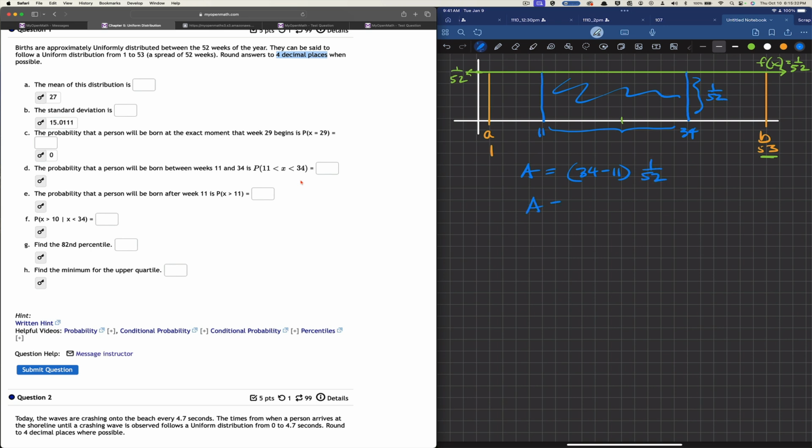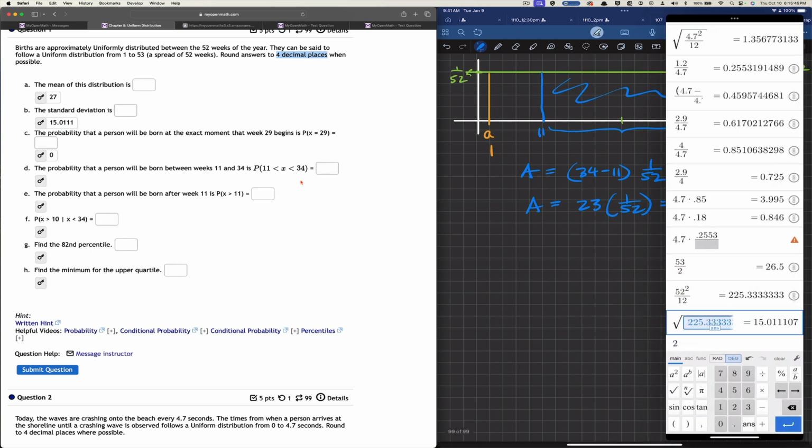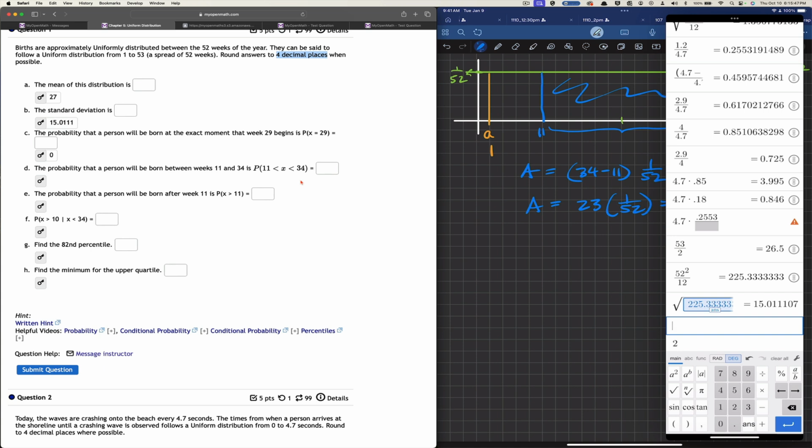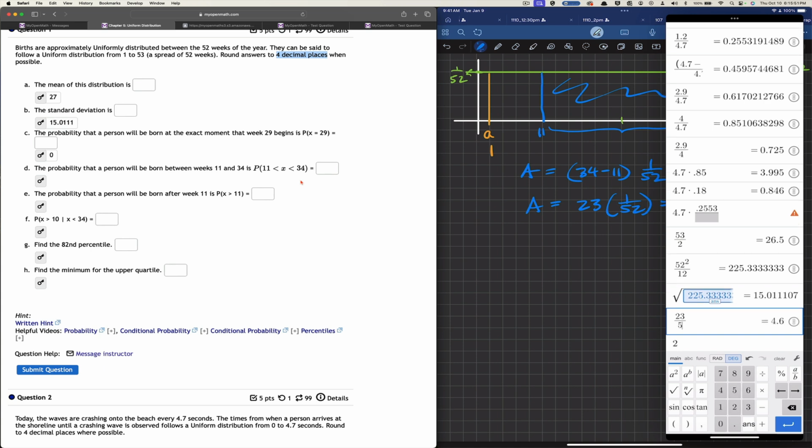And so we get the area of that rectangle to be 34 minus 11 is 23, times 1 over 52, which is 23 over 52, which is a bit less than a half, about 44%. So 44.231% or 0.4423.